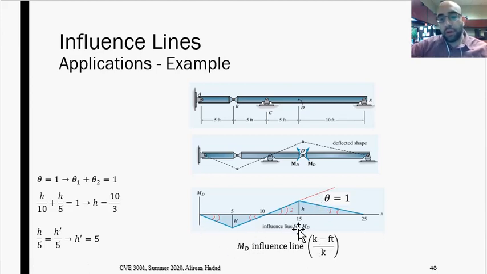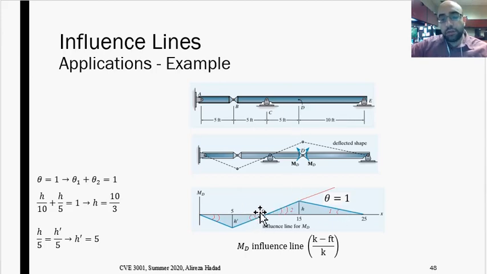Based on this diagram, if I put it right at the top of this mountain, or we can say right at the location of point D, I'm going to get the maximum positive bending moment. If I, for example, wanted to know where to put it to get the maximum negative bending moment, I would say I have to put it right at 5 feet from point A, to get the maximum negative bending moment at point D.